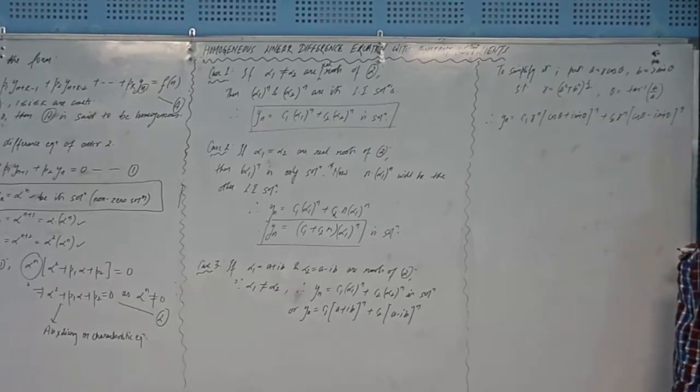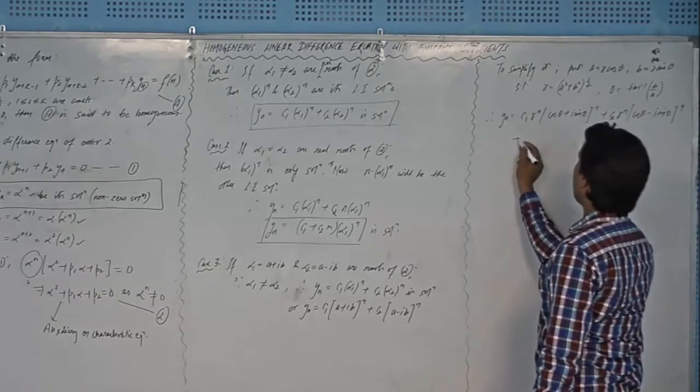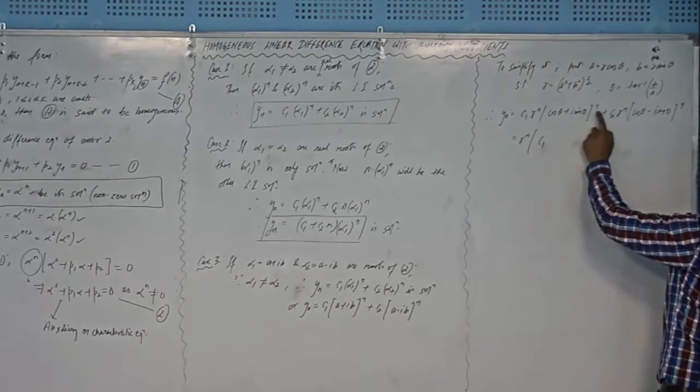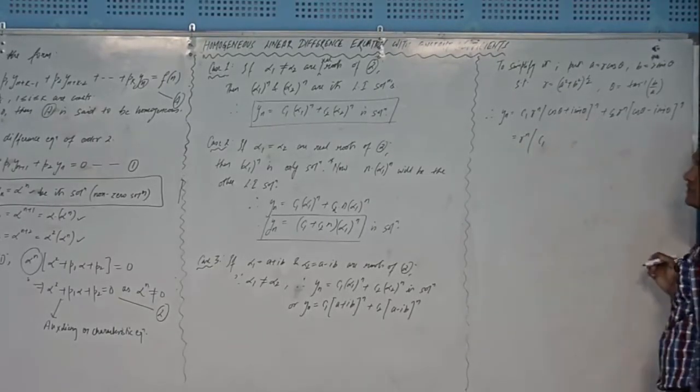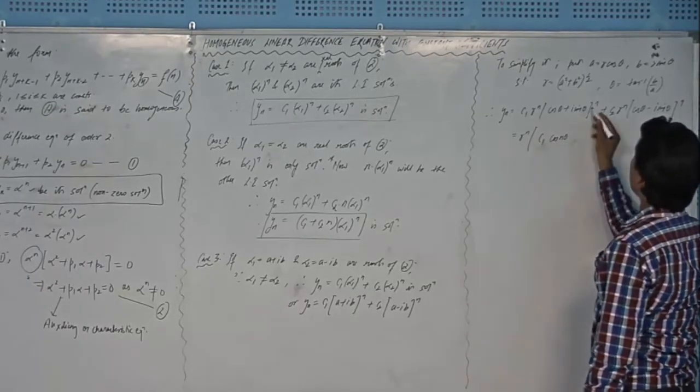Okay, and after that r to the power n should be taken common in C1, and here you can use De Moivre's rule. This n goes inside the angle, you know that, so it will become cos n theta plus iota sin n theta.